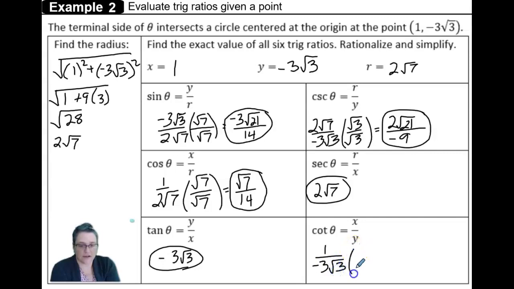And we're going to rationalize that denominator to simplify. And we're left with -√3 divided by 9.